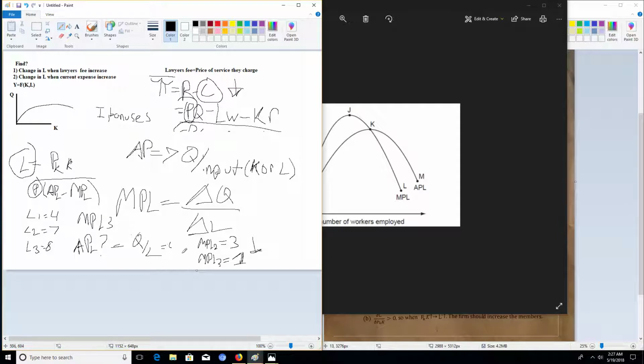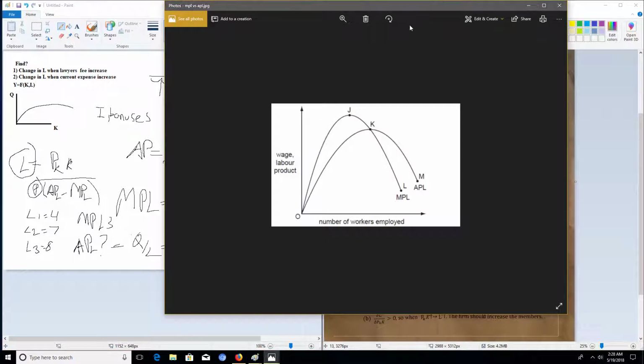If I'm not explaining this that well, I'm pretty sure there's a YouTube video about this. But basically what I am trying to say is that when marginal product, the additional output from an additional unit of labor, is greater than average product, then average product is increasing.